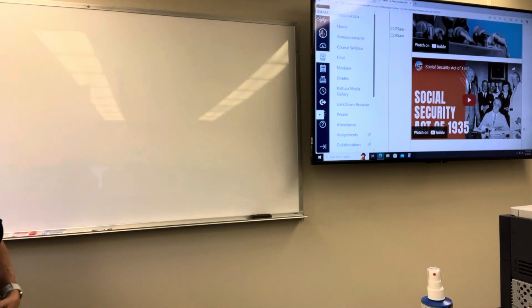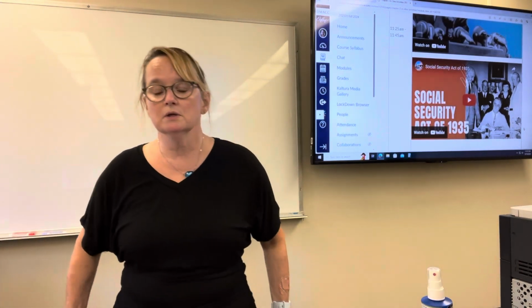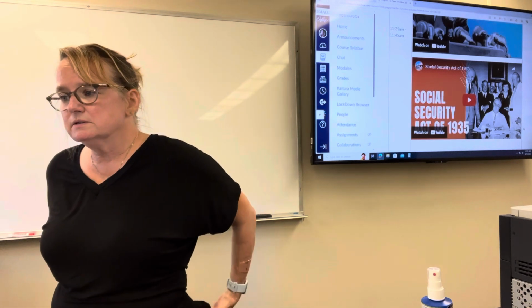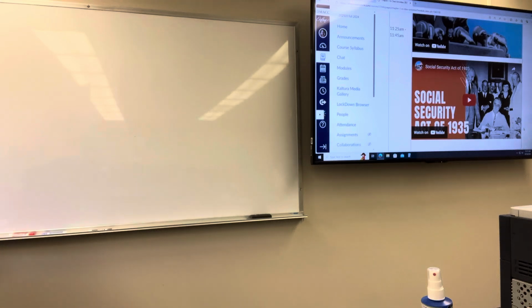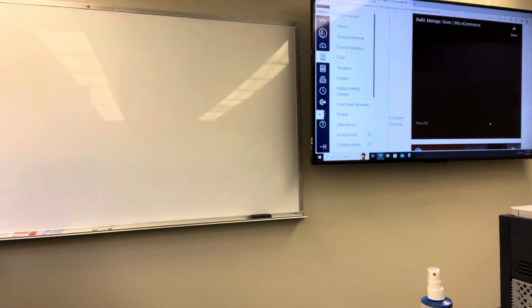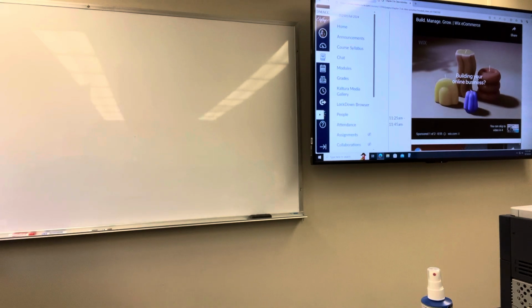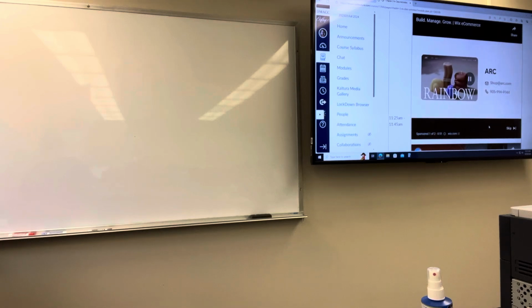We as a nation decided that we were going to implement some social changes that would guarantee that people would not fall into poverty. Now, it doesn't guarantee that people won't fall into poverty, but that was the idea behind it. So let's watch a couple of these just to give you a little bit of background about why we're watching this. All right, if we've got audio.